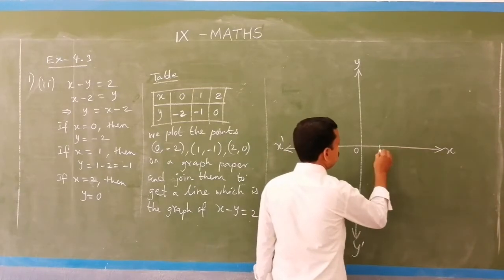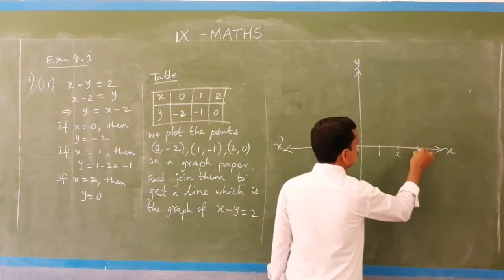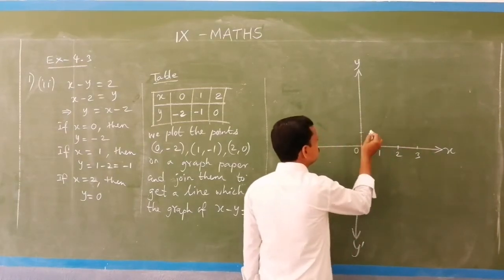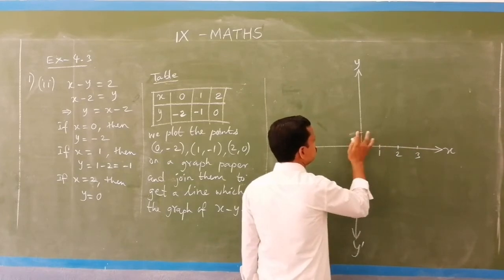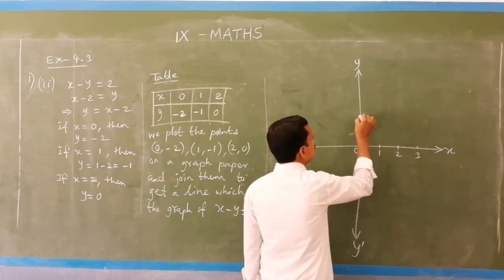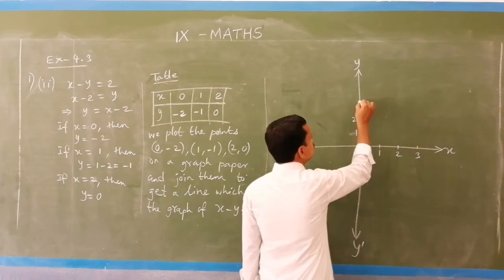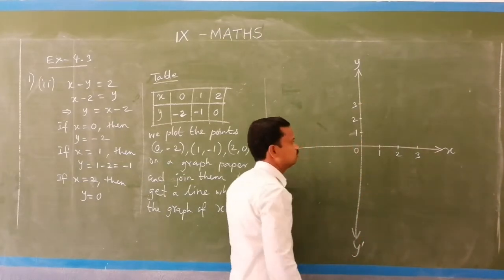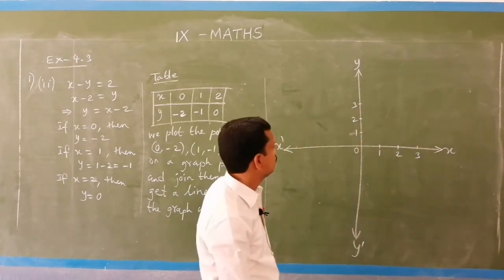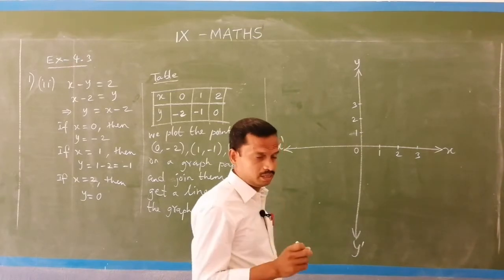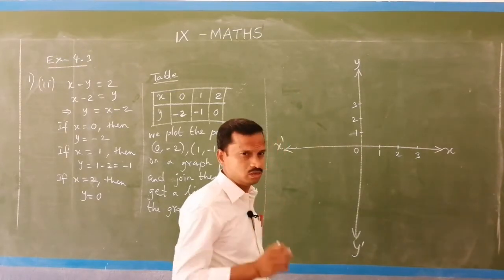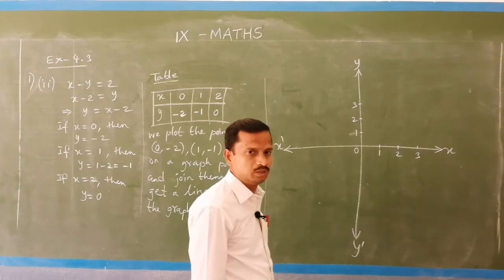Let it be 1, 2, 3, and here 1, 2. Some distance you have to take, but on the graph sheet each square you have to take as one value. Okay.